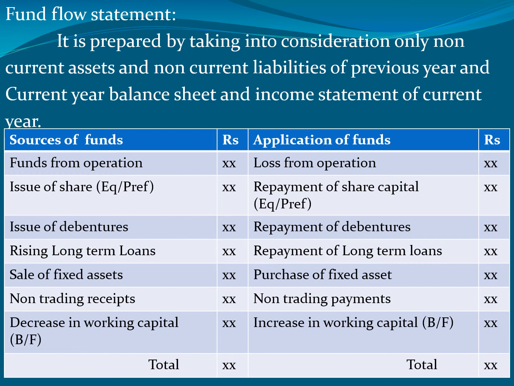Students may ask a question: increase in working capital is a source of fund, but why do you have to write it on the application side? Students may get confused that decrease in working capital is shown on the source of funds. We should convince them that it is a balancing figure.